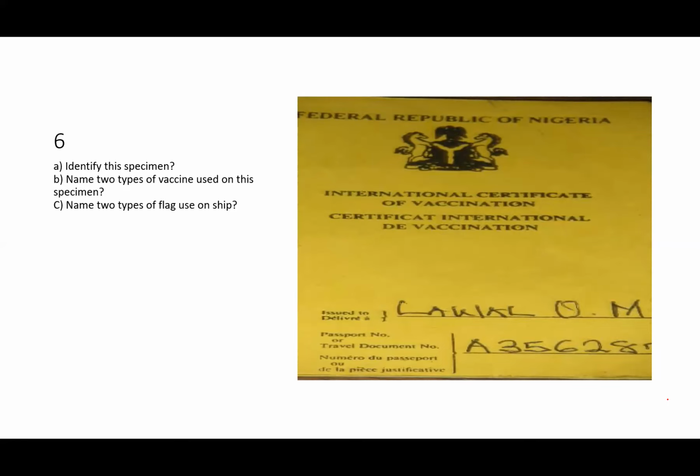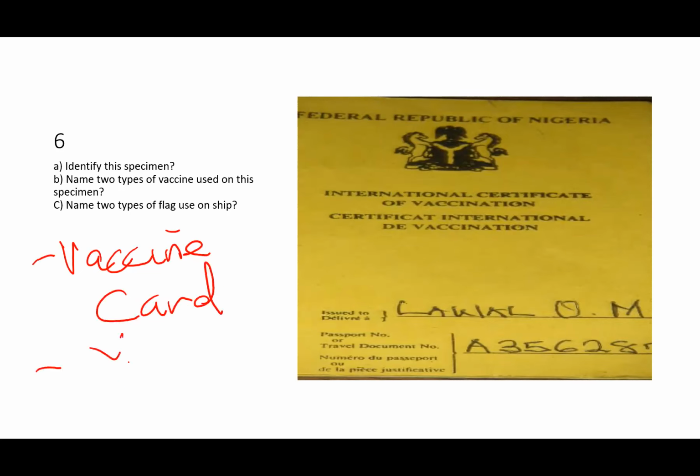Now, name 2 types of vaccine used by this specimen: you have yellow fever and hepatitis.